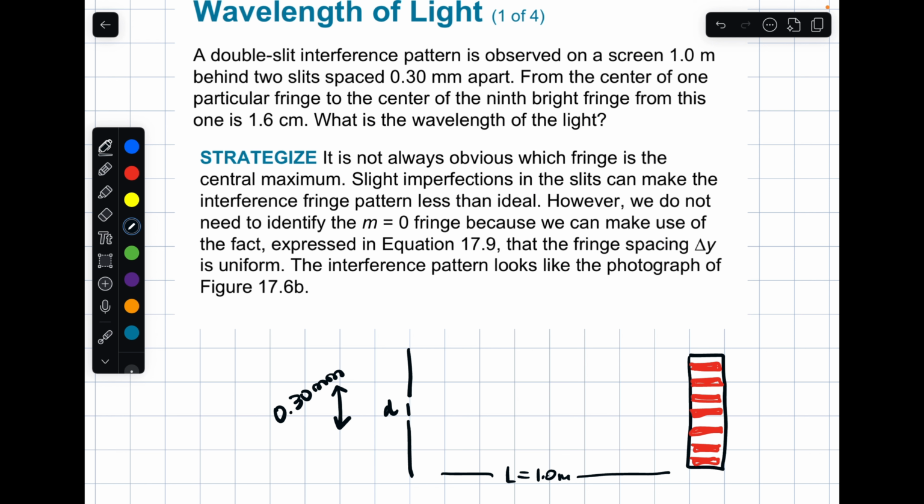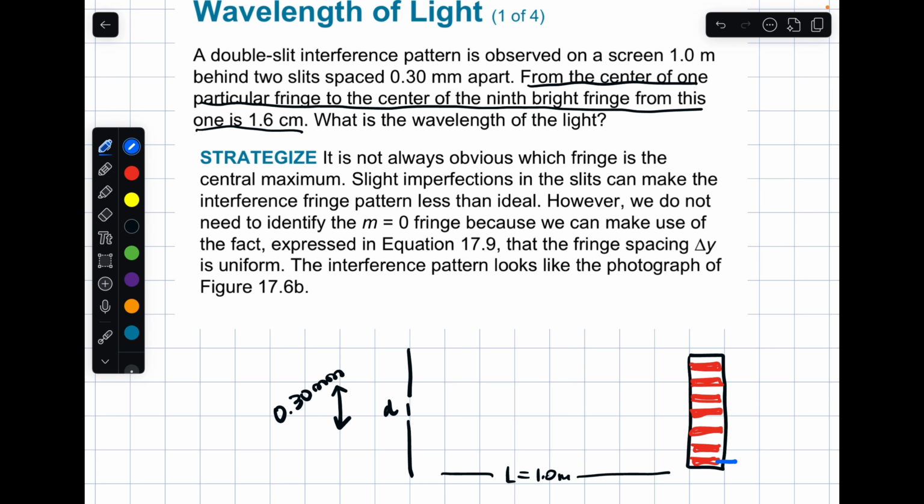And so what is it that they're asking us? If we know that from the center of one particular fringe to the center of the 9th fringe from this one is 1.6 centimeters, can we find the wavelength? So let's unpack this sentence. From the center of one particular fringe, so we don't know which one, so let's just pick a random one, maybe this one.